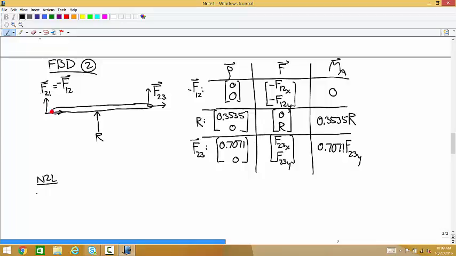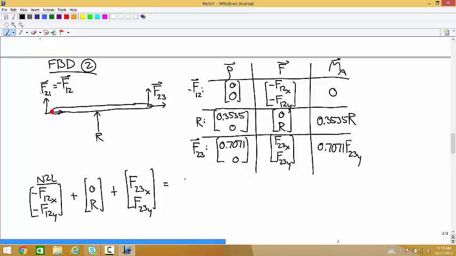So Newton's second law says negative F12x, negative F12y, plus 0, R, plus F23x, F23y is equal to zeros.